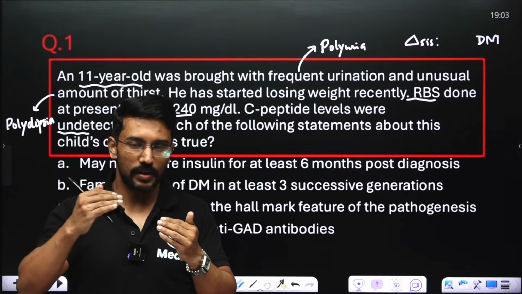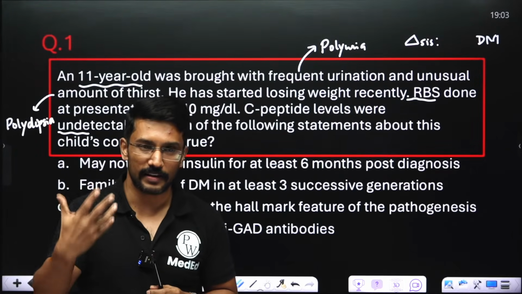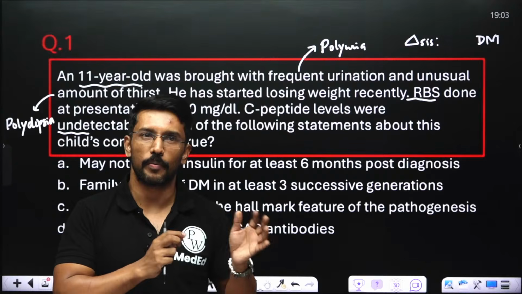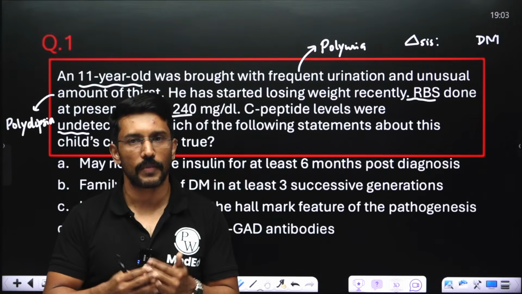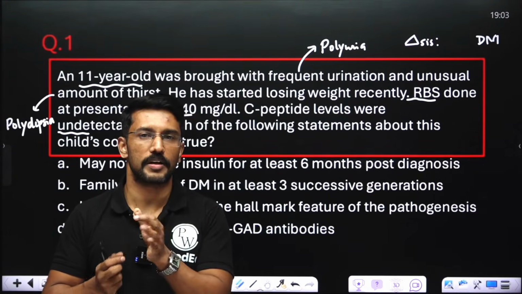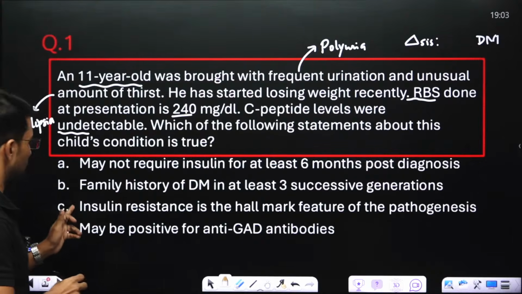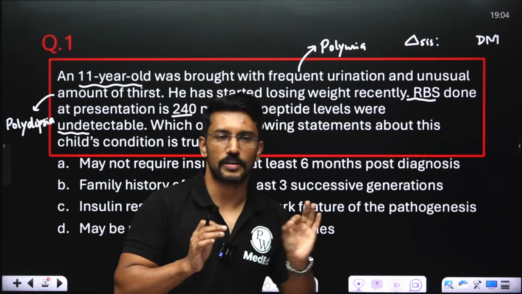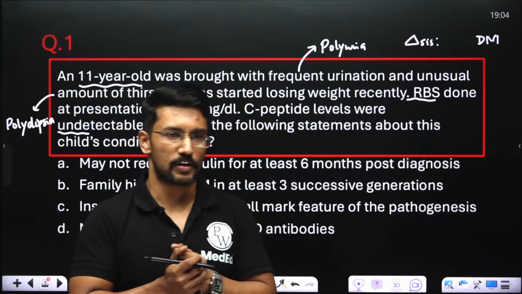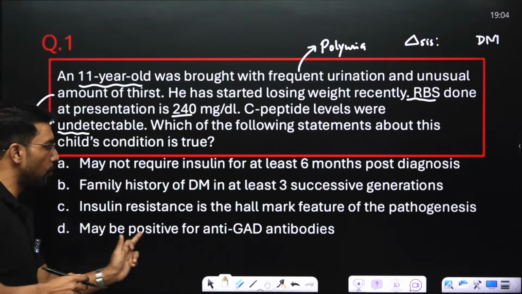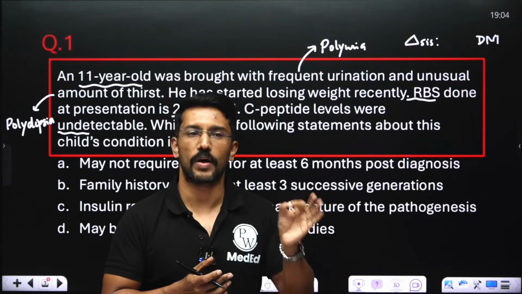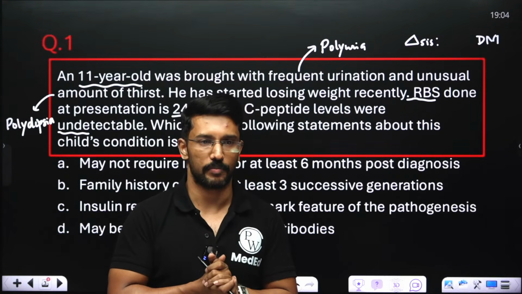If 3 successive generations are involved, of course there is an inheritance pattern, it has to be autosomal dominant. And the autosomal dominant form is maturity onset diabetes in young, MODY, right? Then, insulin resistance is the hallmark feature of pathogenesis. That is type 2, as we know. And third, may be positive for anti-GAD antibodies, which is seen in type 1A, autoimmune type 1 diabetes.